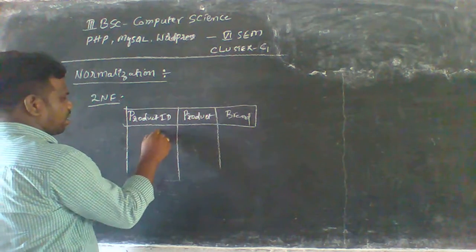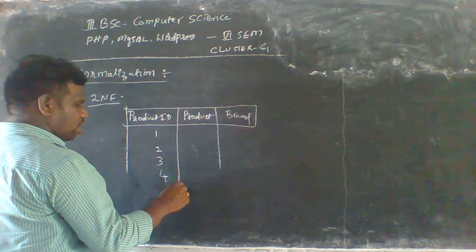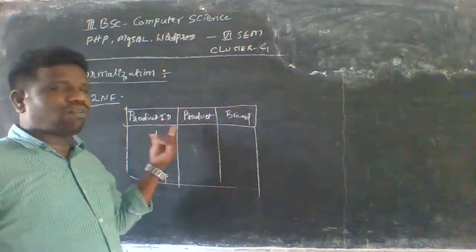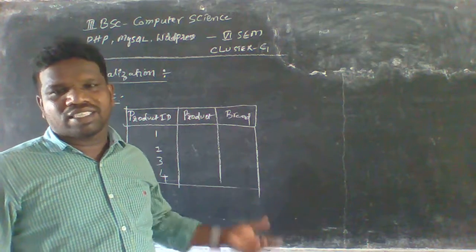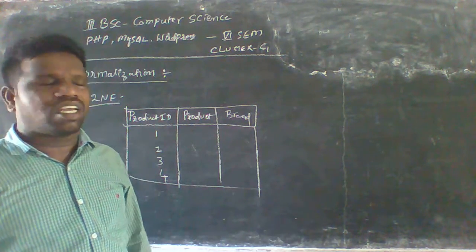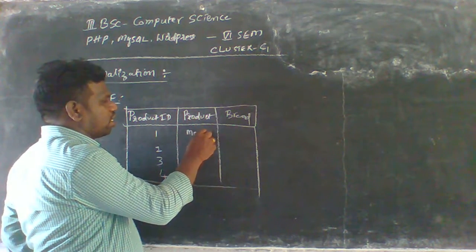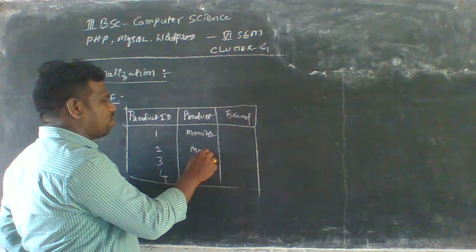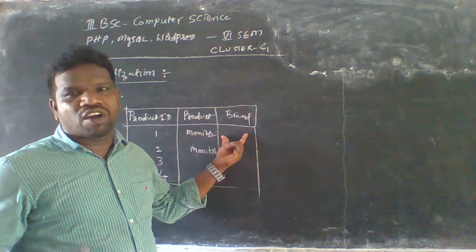Product ID one, we have to take four names in this session. The product names can be monitor, scanner, printer, joysticks, whatever it may be. For example, I'm taking the monitor here, and the monitor brand, which brand do we use?